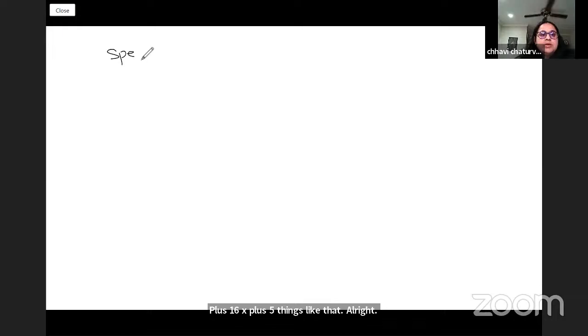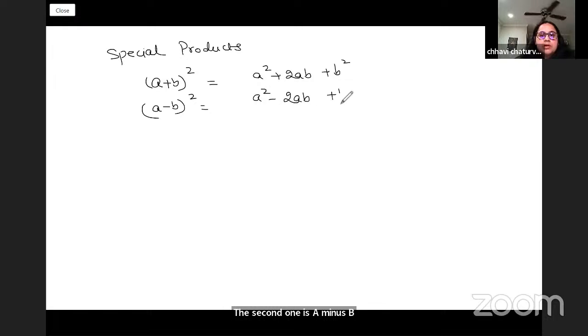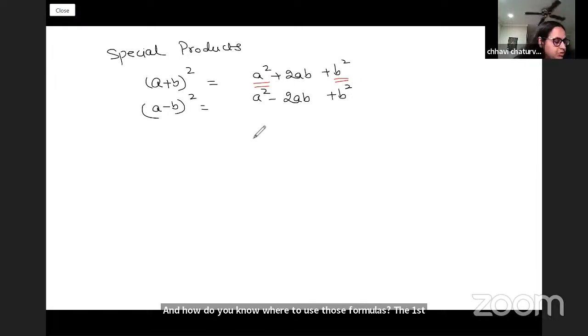You have special products. The first one is (a plus b) squared. The second one is (a minus b) squared. And how do you know where to use those formulas? The first and the last term will tell you the whole story.